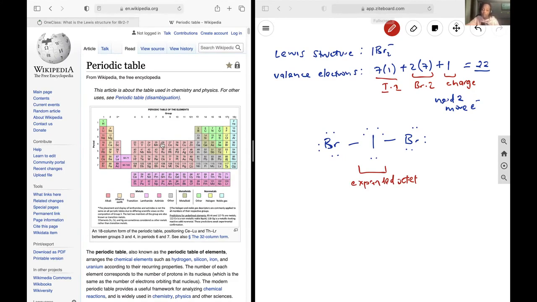And the reason why we say it can take 8 electrons at a time is because we usually have the s orbital taking 2, and the p orbital taking 6. But once we start having d orbitals, which occurs from period 4, including period 4, downwards, then you can make space for 10 more electrons.